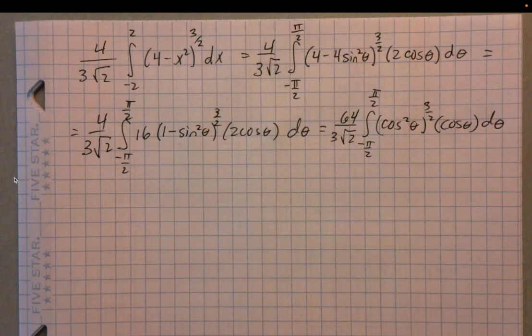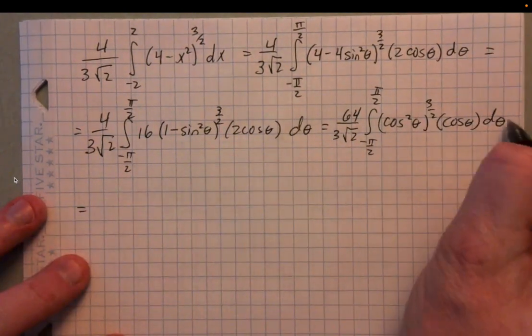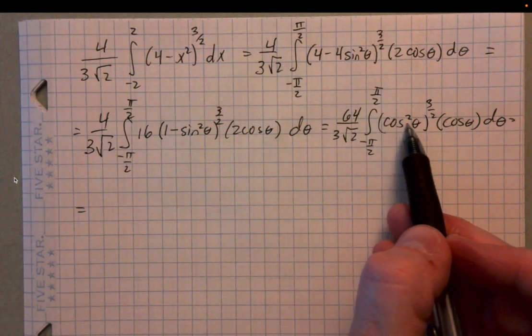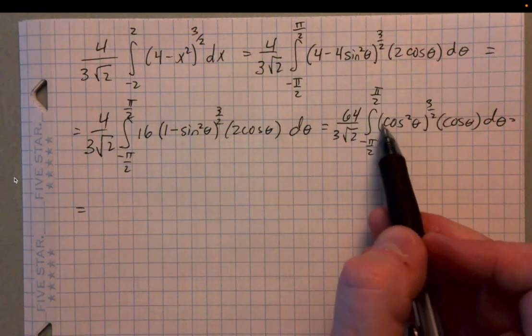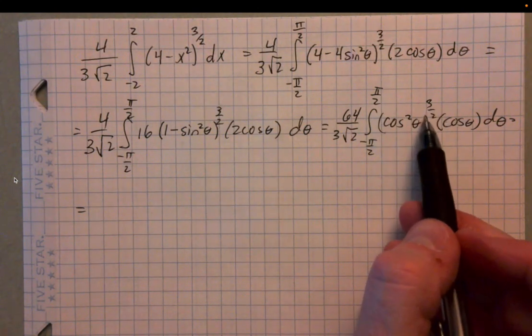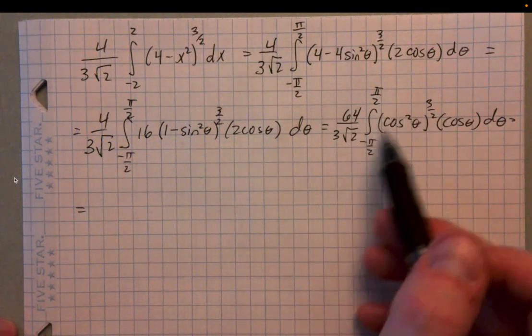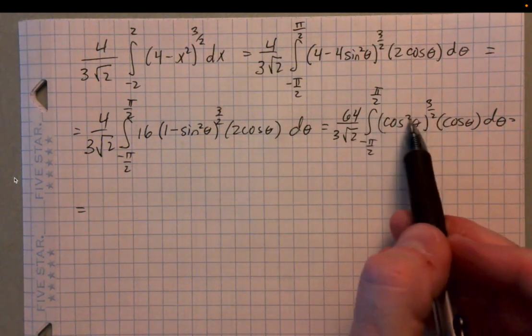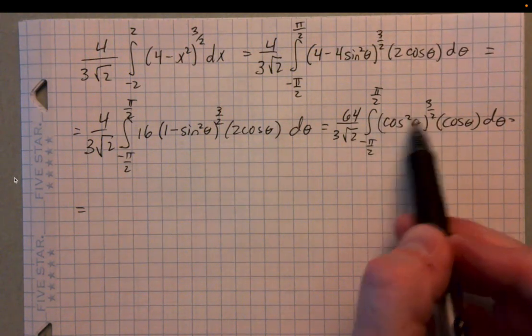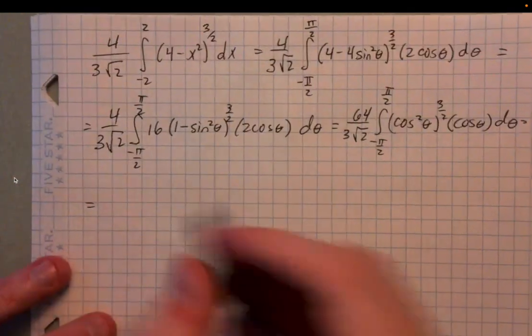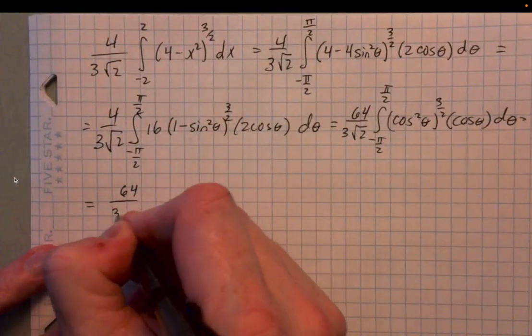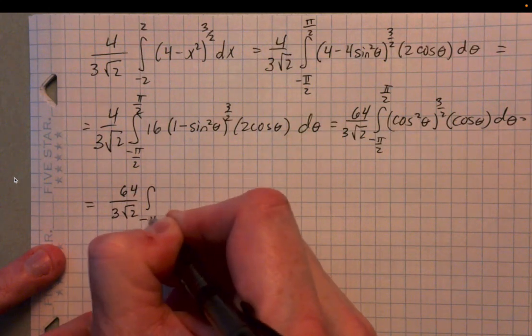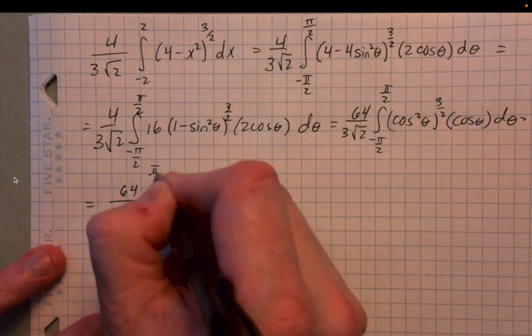Okay, and let's see. So then, what can we do next? So this is cos squared to the 3/2 power. So that's like the square root of cosine squared theta, to the 3rd power. So the square here and this denominator would kind of undo one another. So we get 64 over 3 square root of 2, negative pi over 2 up to pi over 2, that integral.